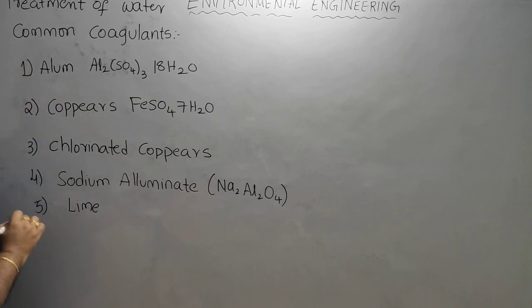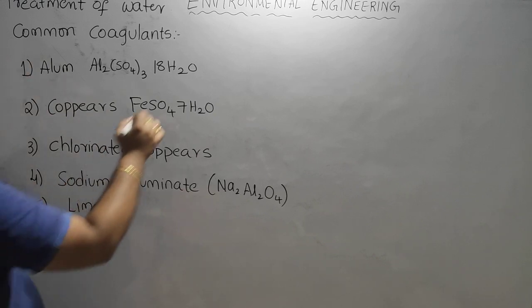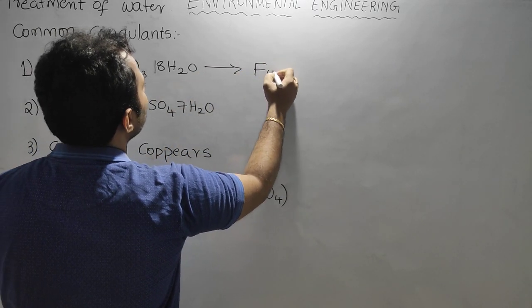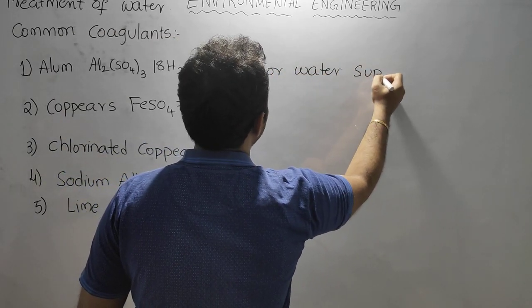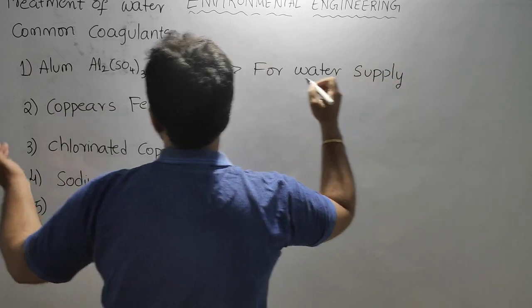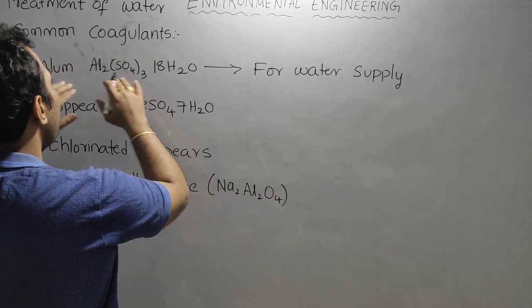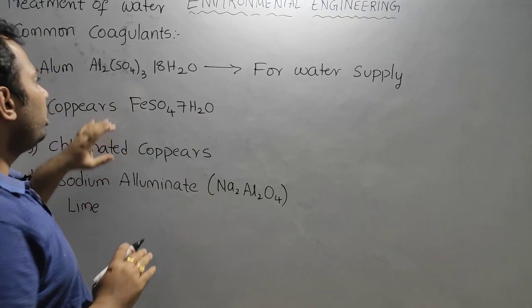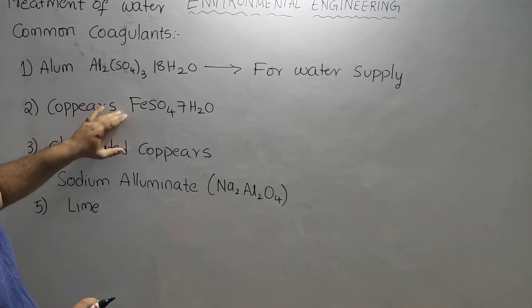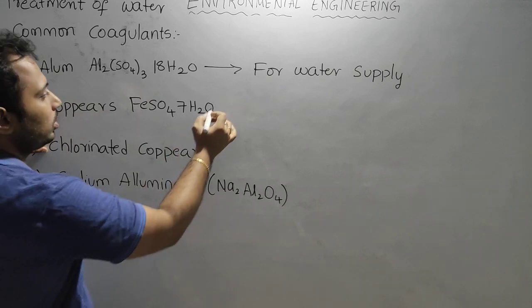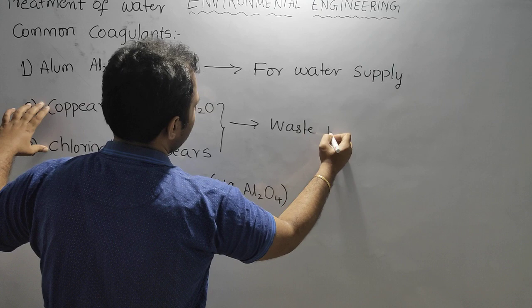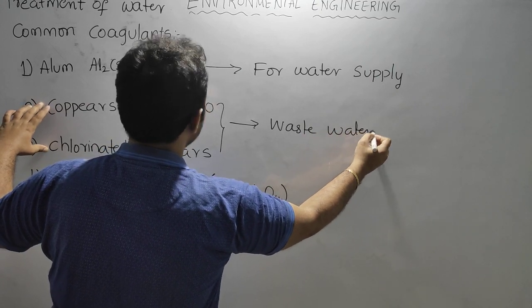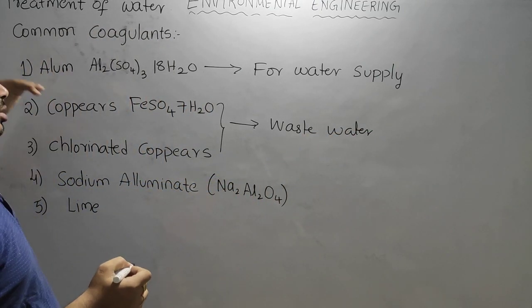So these are the different kinds of coagulants we have, but majorly for water supply we use alum. The other two we generally use for wastewaters. We will establish a comparison between the aluminum flock and the iron flock.